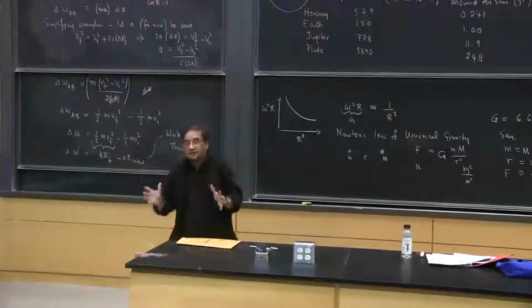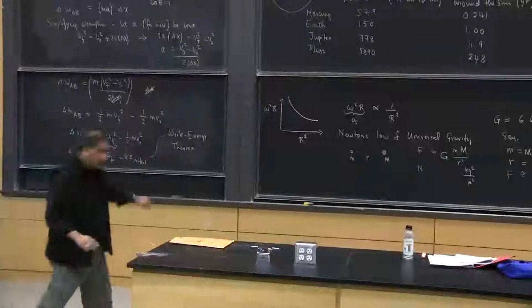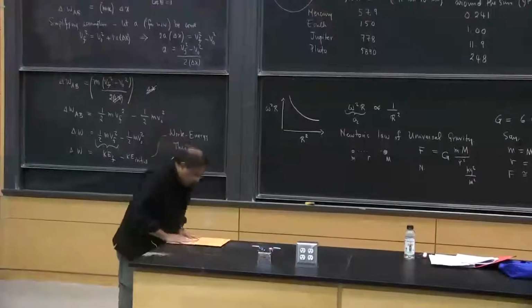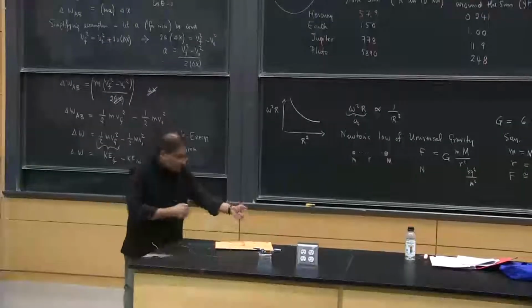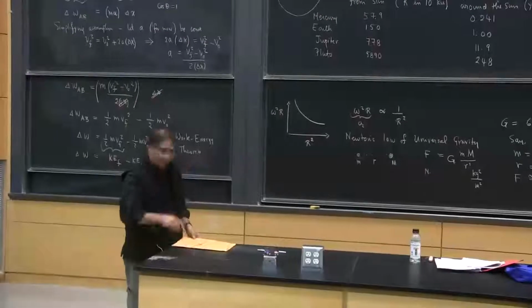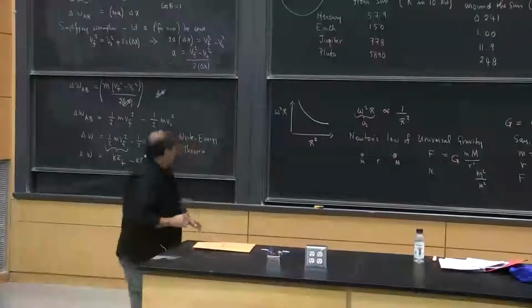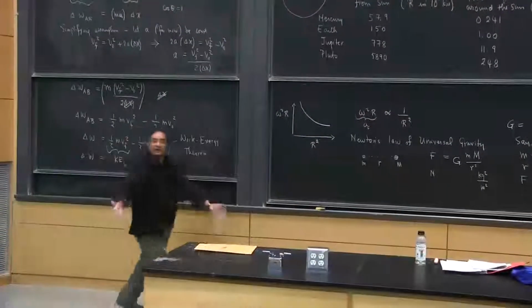That's my work done. So what this theorem tells us is that this work done is equal to the final kinetic energy minus the initial kinetic energy, which would be a negative quantity because the initial is larger than the final. So the work done by friction can be estimated using the work energy theorem.